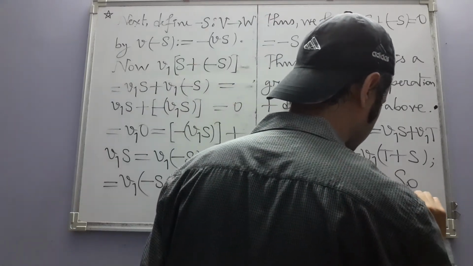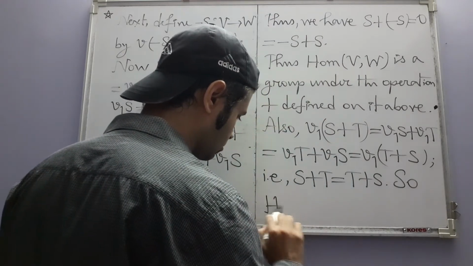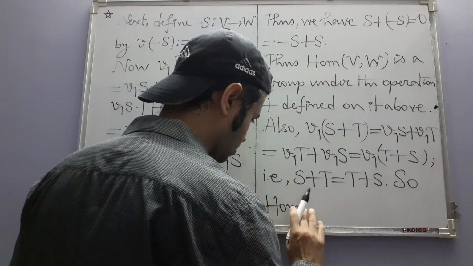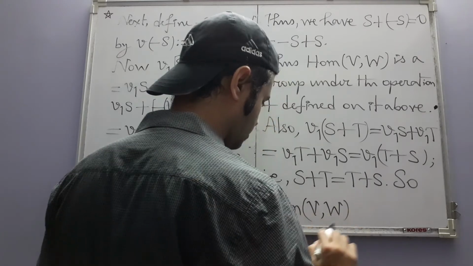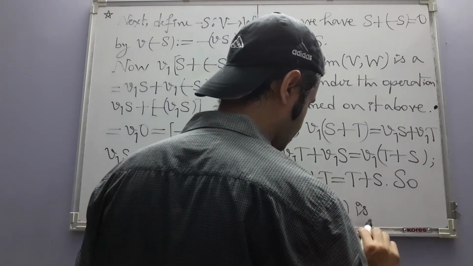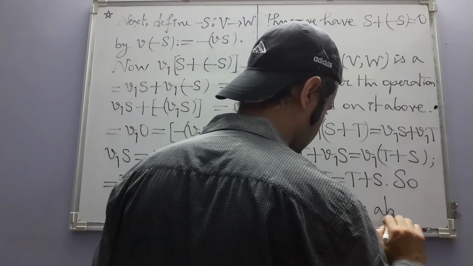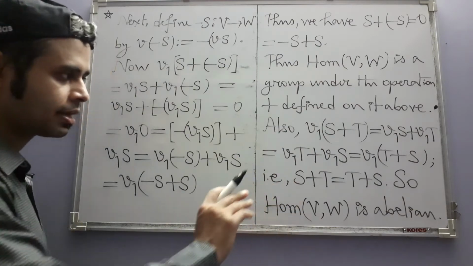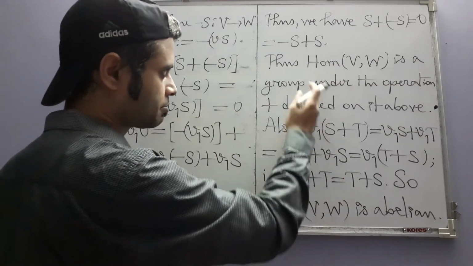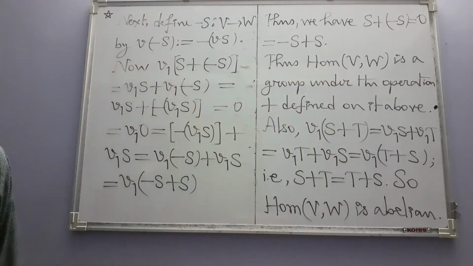So this is abelian. When we write this is abelian, we mean of course with respect to this addition.